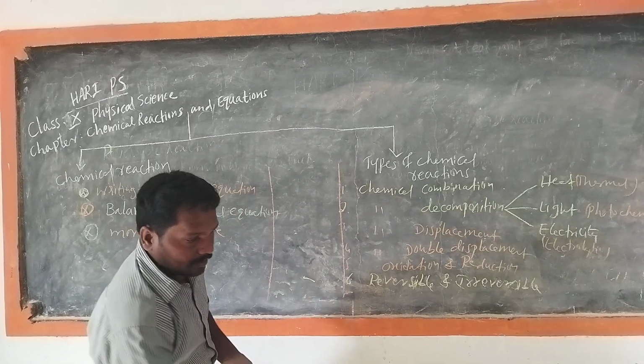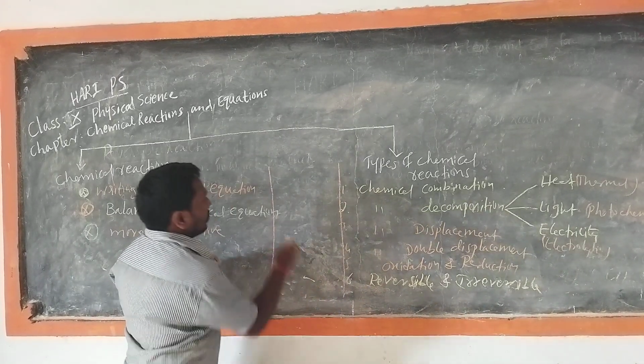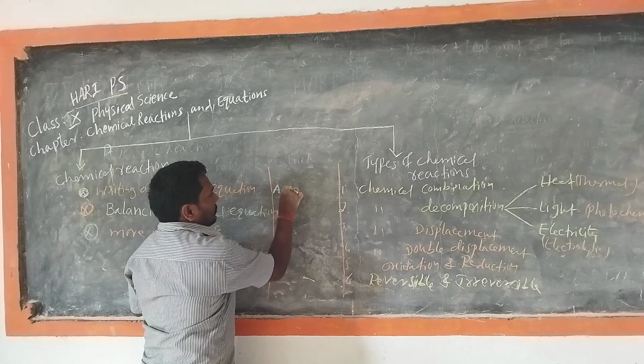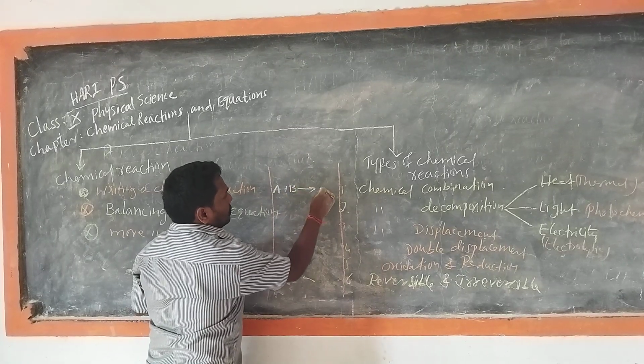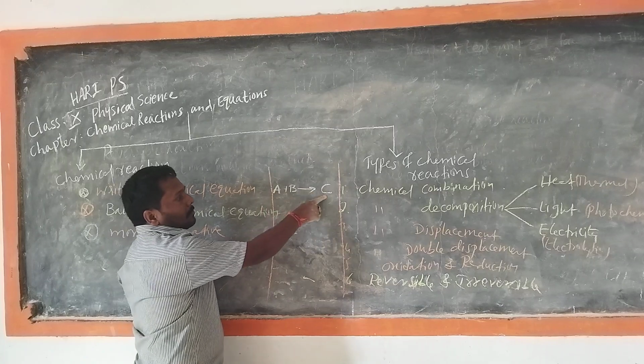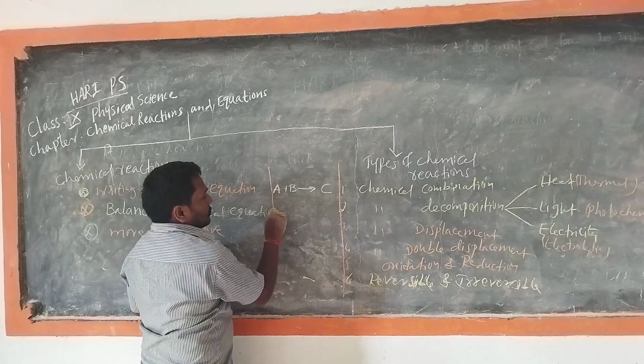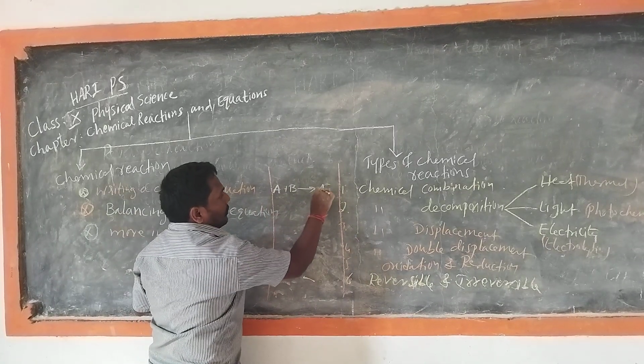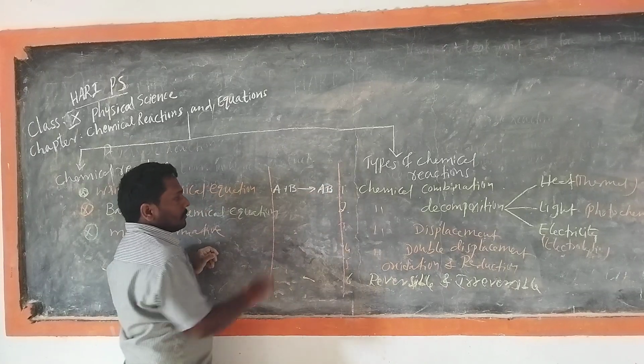So, chemical combination. For understanding chemical combination, let us take one simple example. A plus B gives rise to C. Two substances combined, it forms only one product. For example, AB.